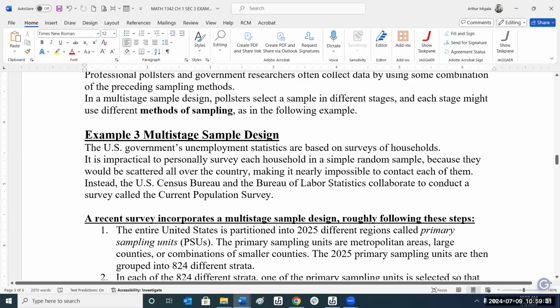Instead, the U.S. uses the census. Besides sending out the census, they also send people door to door to ask questions. You get it mailed, and then they verify it again with people going door to door.